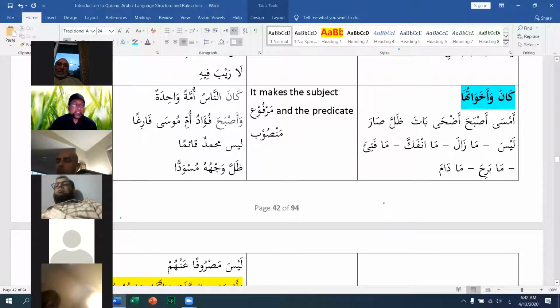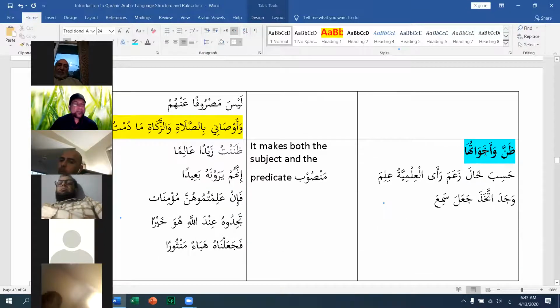Kana wa akhawatuha does the opposite. The mubtada is marfu and the khabar is mansub. But zanna wa akhawatuha said, that's not good enough for me. Both of you become mansub. Zanantu zaydan aliman.